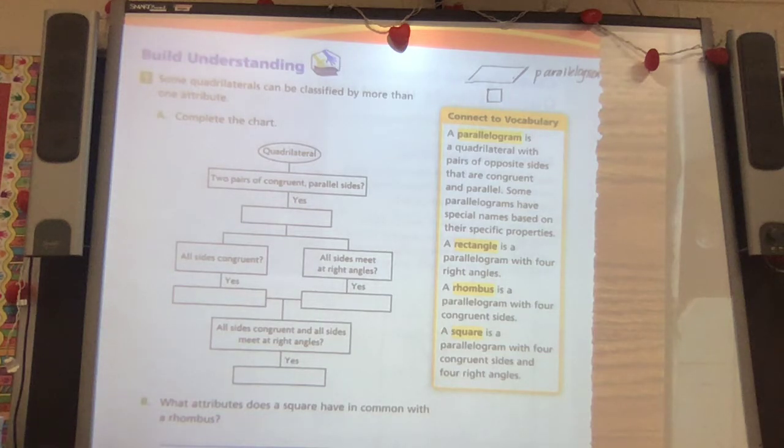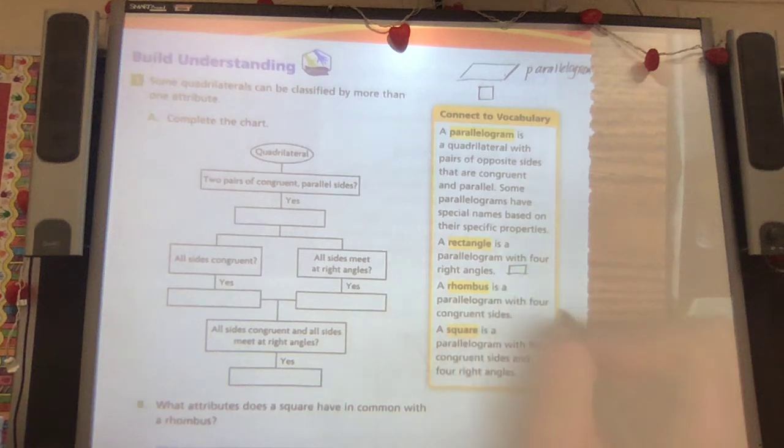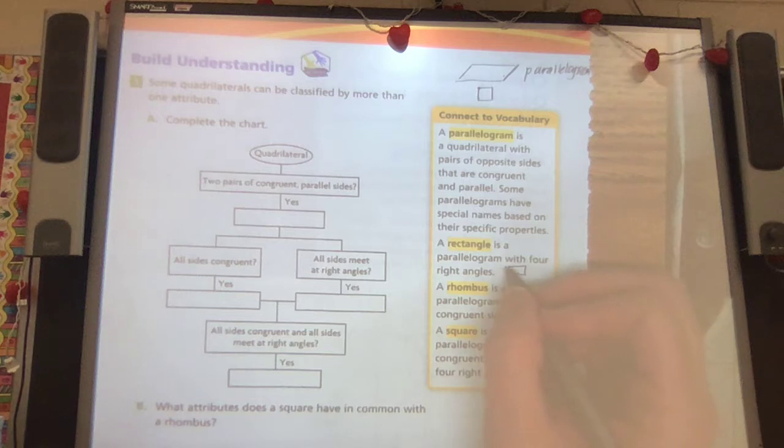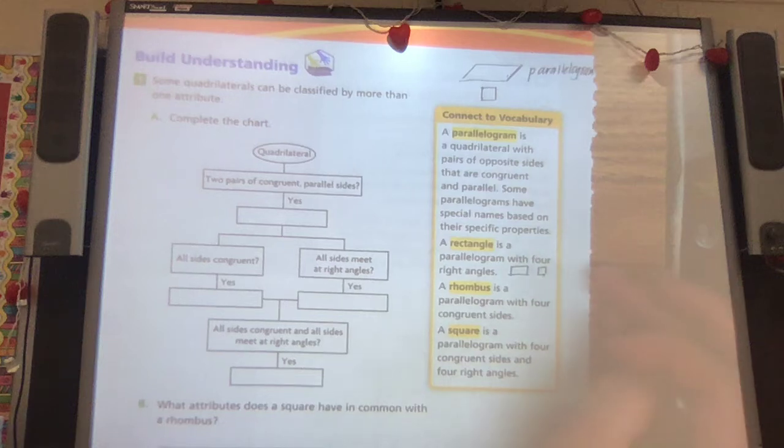Well, actually, so then a rectangle is a parallelogram with four right angles. This is what we most of the time think of when we see rectangle, but again, with my square example, doesn't a square have four right angles? Yes, so this can also be classified as a rectangle. A rhombus is a parallelogram with four congruent sides. Most of the time, a rhombus kind of looks like this.